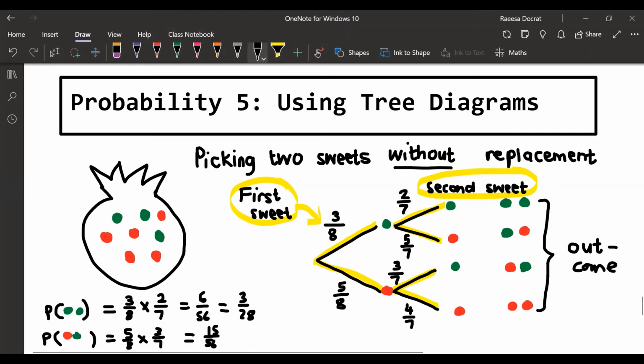So please make sure that you understand how to, first of all, draw the tree diagram indicating the probabilities of getting it, list all of the outcomes, and then be able to calculate the probability of each outcome.